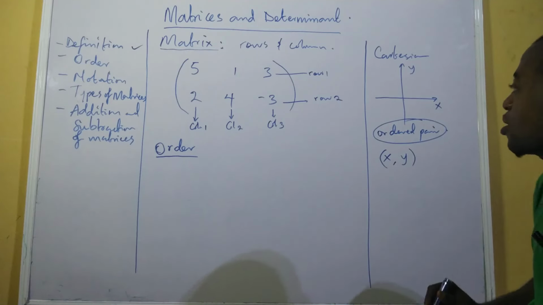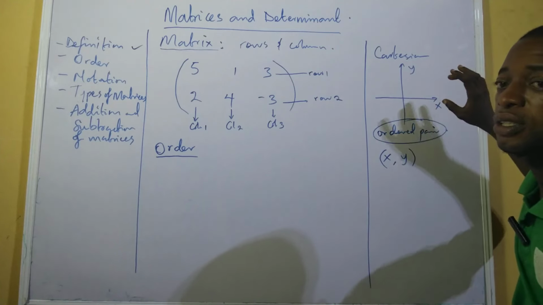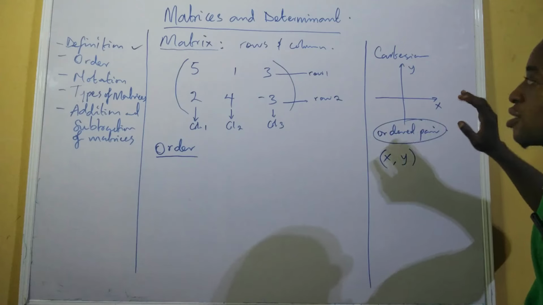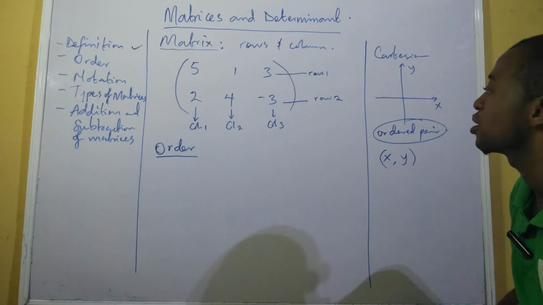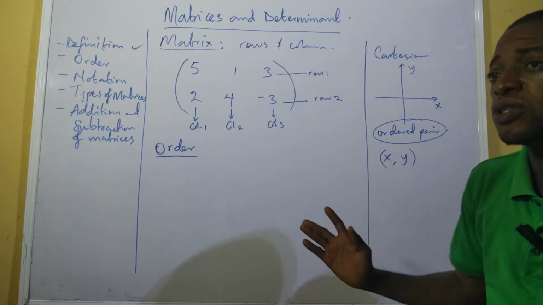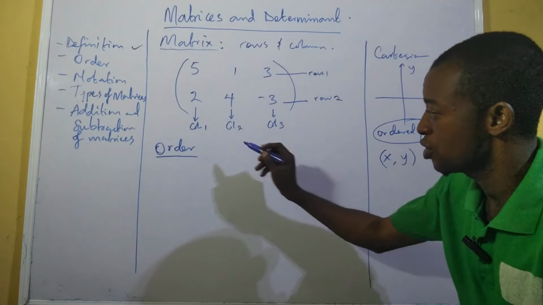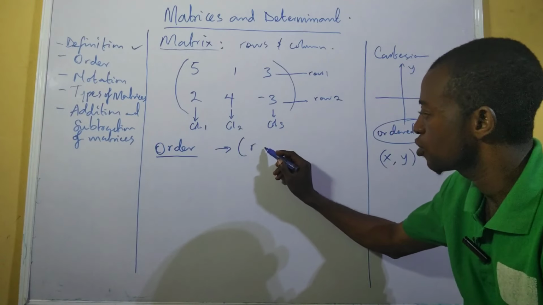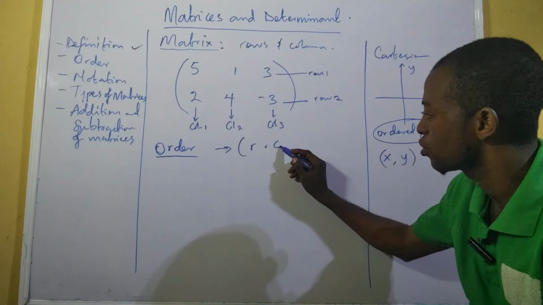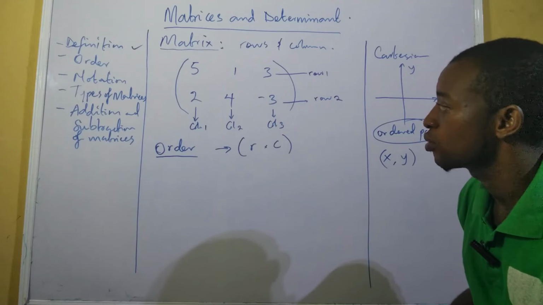So whatever point you want to plot, it comes as x first, then y second. Also under matrix, the order of a matrix is usually row by column. Row comes first before column.